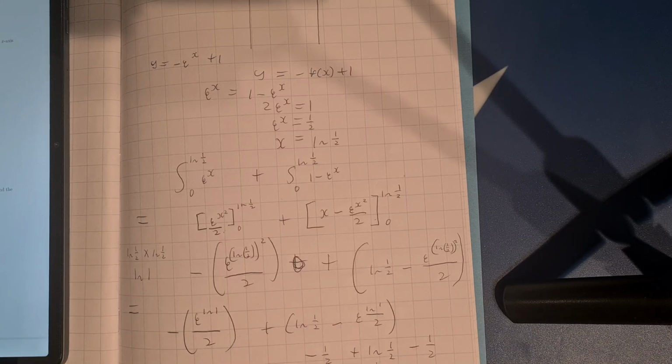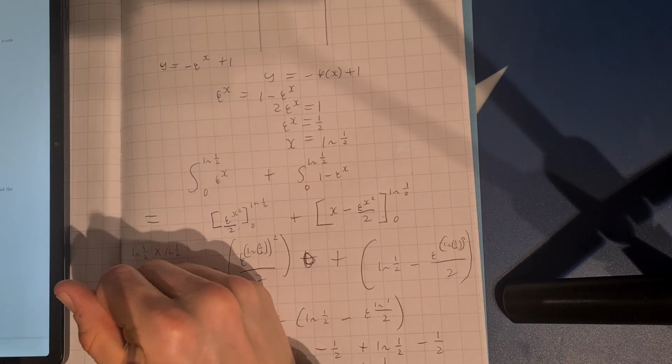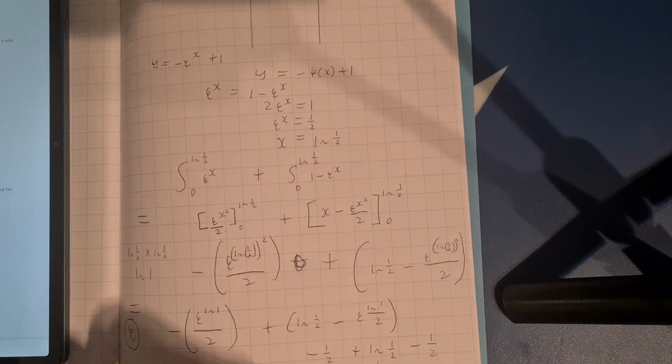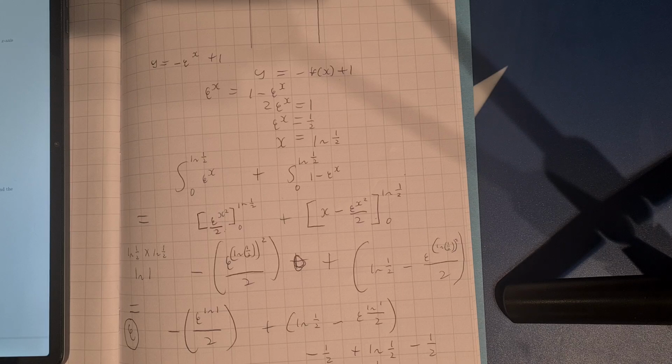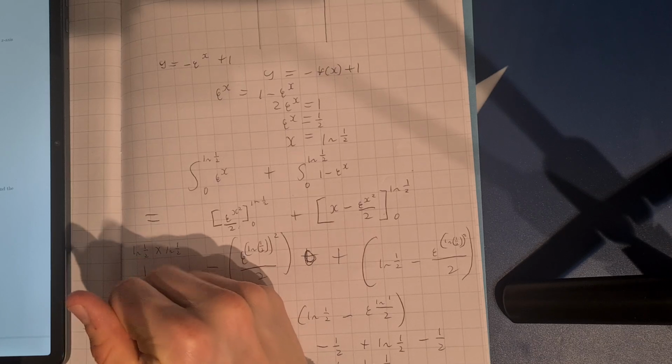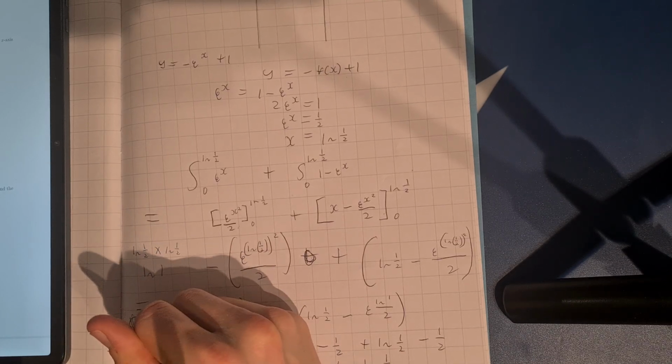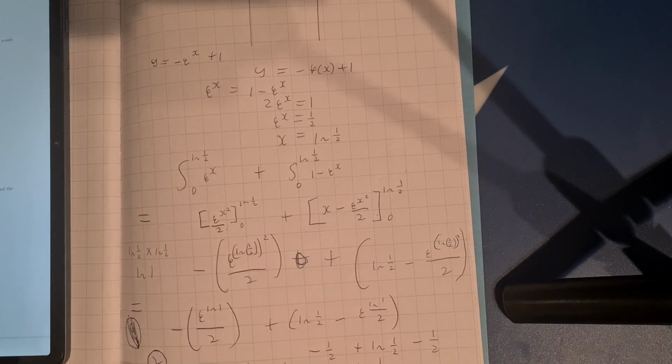Maybe I just got the minus symbols mixed up somewhere in there. So that's one of the answers, and it's E. Although it may make more sense to say it's ln 2 minus 1. Yeah. I reckon it would be ln 2 minus 1. More likely. So I'll say D.